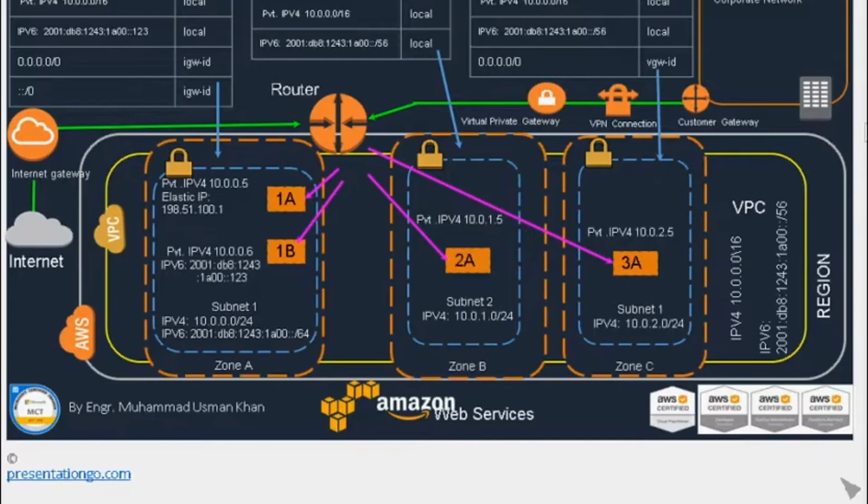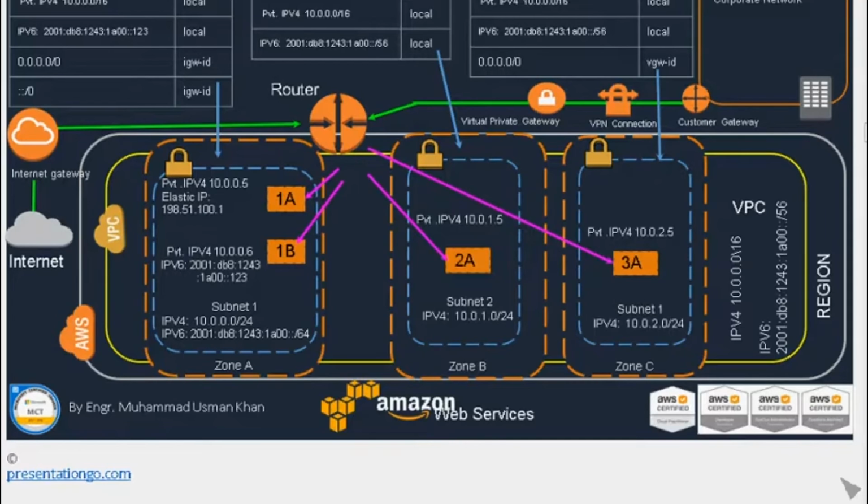The second route table is directly attached to the zone B subnet and availability zone B. So in this subnet, any machine that exists in subnet 2 in zone B can communicate with any machine belonging to zone A and zone C. Why? Because of the first route.